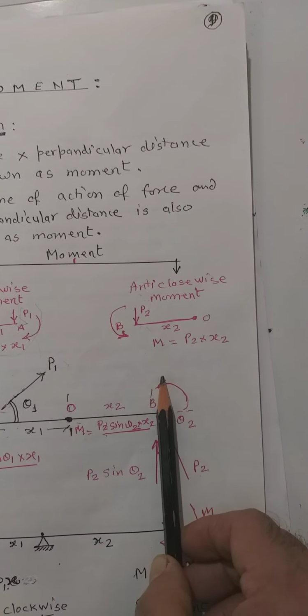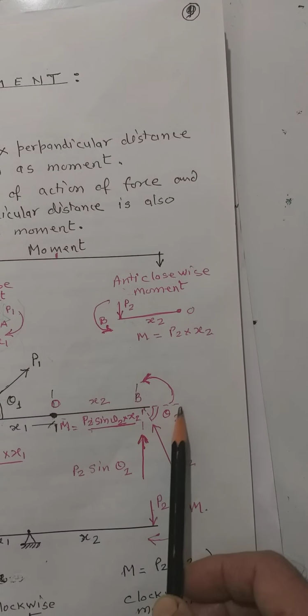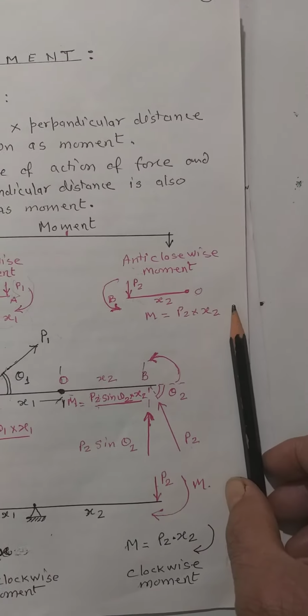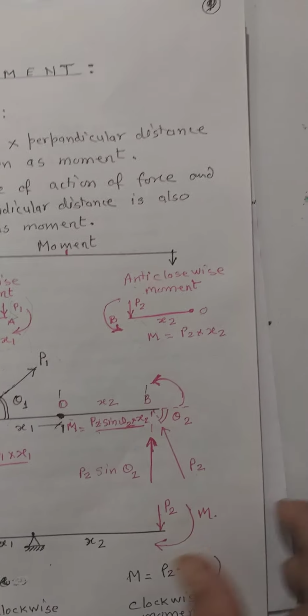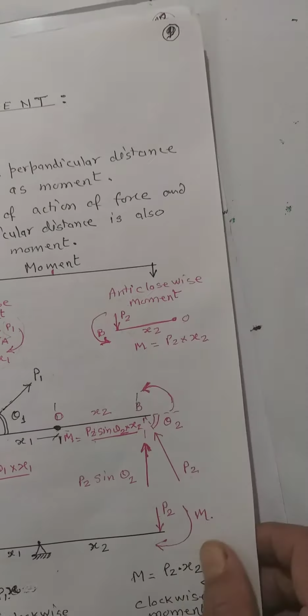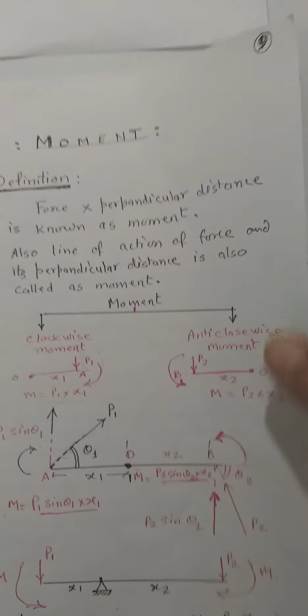Then P2 sine theta 2 into x2 will try to tilt the body in this direction, which is anti-clockwise. So we can call this an anti-clockwise moment, but we have only converted that inclined force into its vertical component, and then multiplied this by a perpendicular distance.